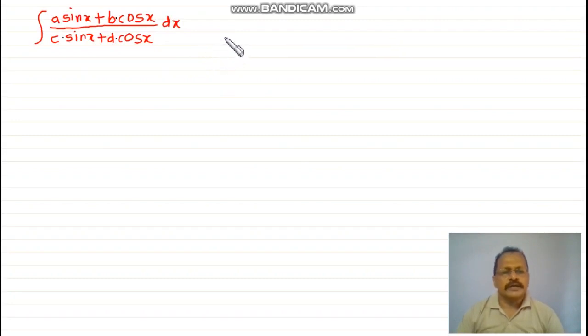We are studying integration, and today we will see two special types of integrations. The first type is the integral of (a sin x + b cos x) upon (c sin x + d cos x) dx.